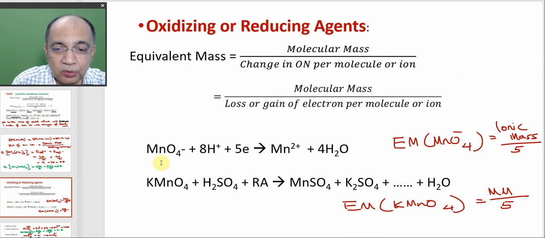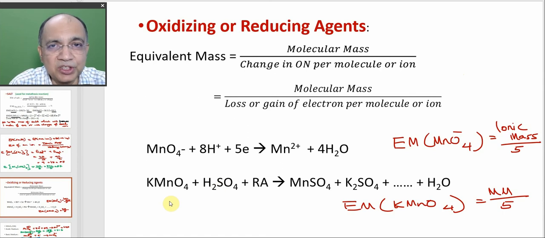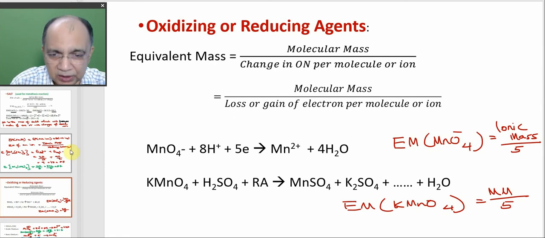For example, we want to find the equivalent mass of permanganate ion or potassium permanganate. Potassium is a spectator ion. It has no contribution for finding equivalent mass. The one which is suffering change, manganese, is going from +7 to +2. So the change is 5.